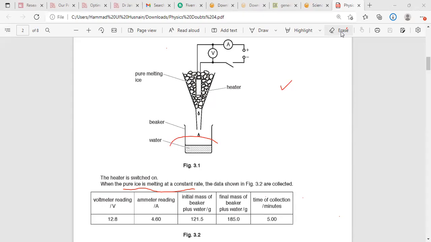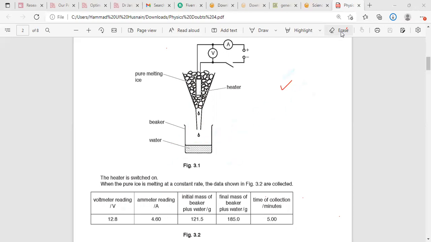We can tell this if the volume of this water is increasing at a constant rate, right? Or another thing from which you can tell is if these drops are coming out from this nozzle at a constant rate, so then again it means that the ice is melting at a constant rate.